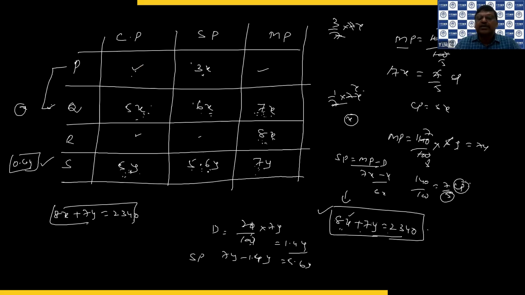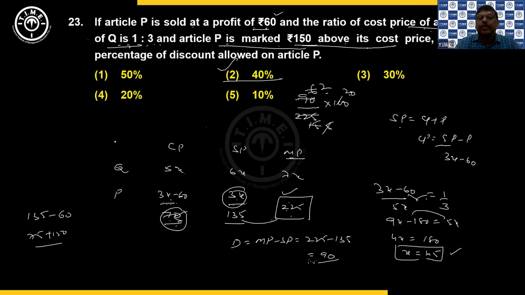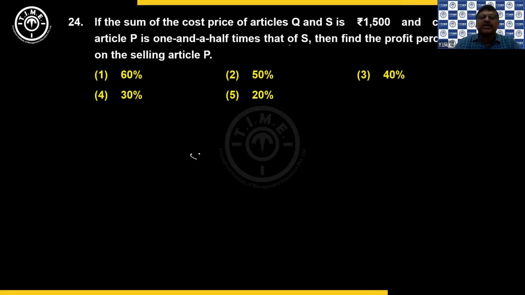Students, please remember this equation, it is important for me. 5x plus 5y is 1500. Taking 5 common, 5 into x plus y is 1500, so x plus y is 300.